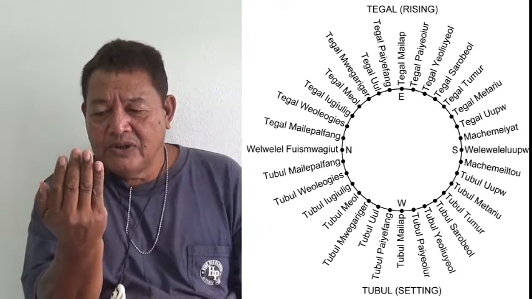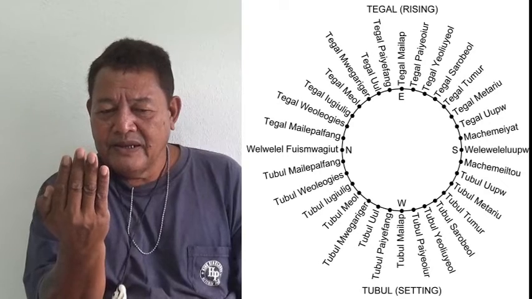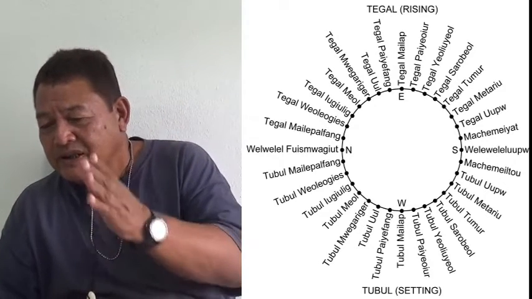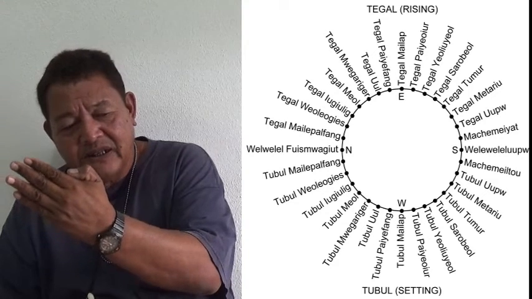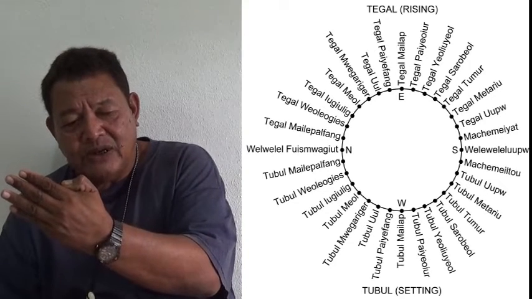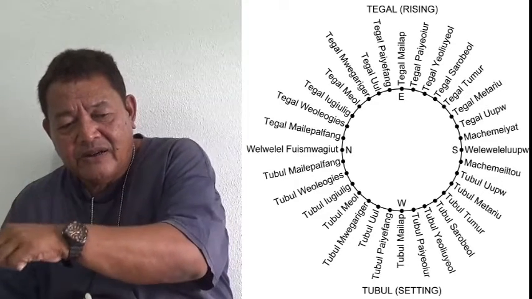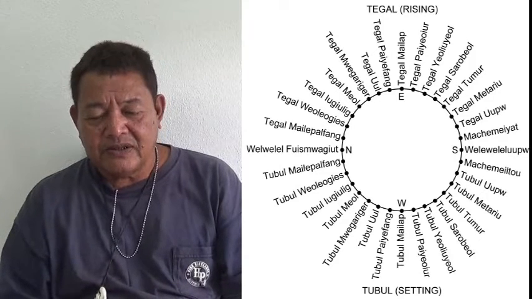Look, which is now the Southern Cross, that's straight up. That's why we say look. Machmeya, it's the Southern Cross at 45 degrees leaning to the west. Tubuluk is the setting of that Southern Cross.